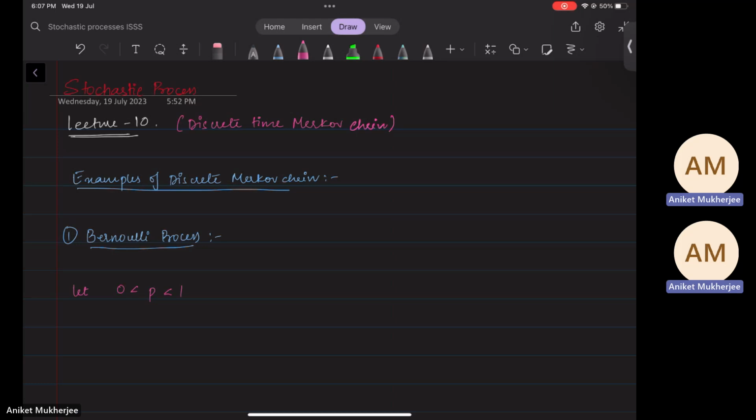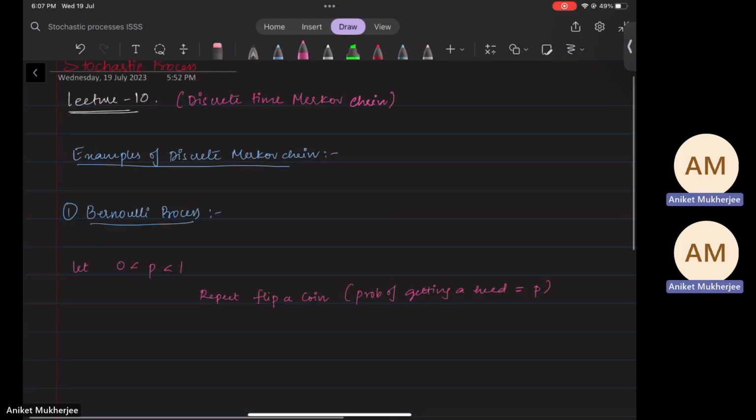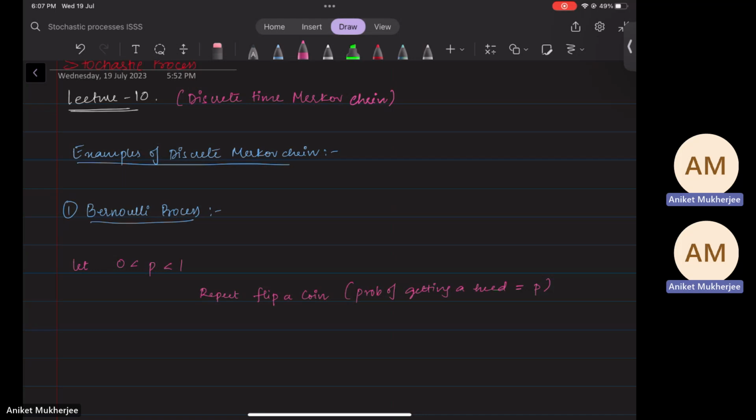So what you do is you repeatedly flip a coin whose probability of getting a head is P. You do this a repeated number of times, at times 1, 2, 3, and so on.